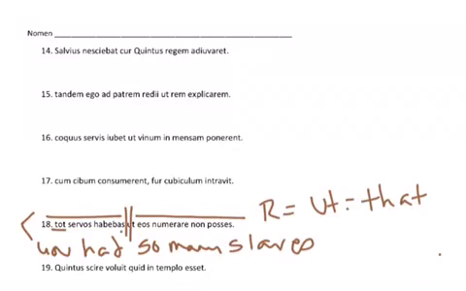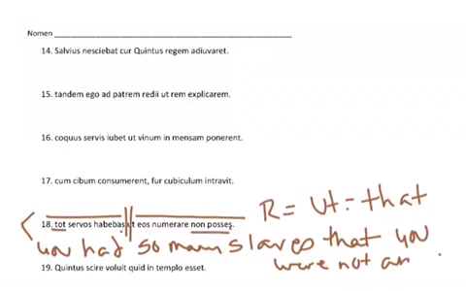You had so many slaves that, do the S, you, non poteras, were not able to count them. Ooh, I don't know if my thing's going to let me do it. Yes. Okay, fantastic.